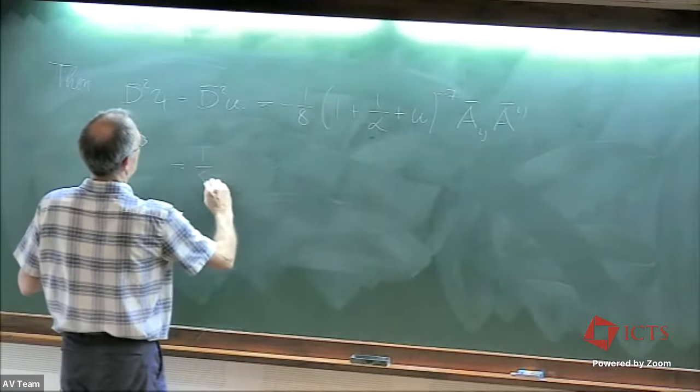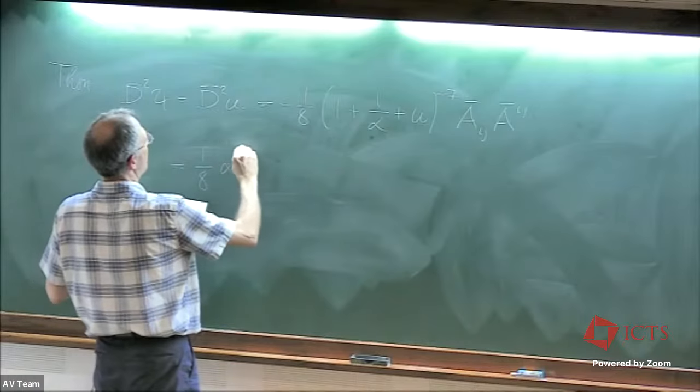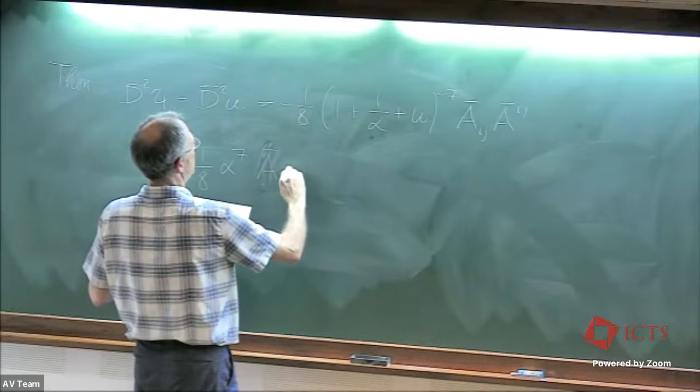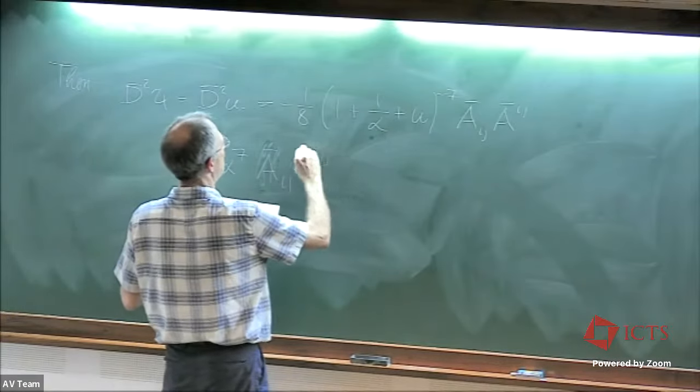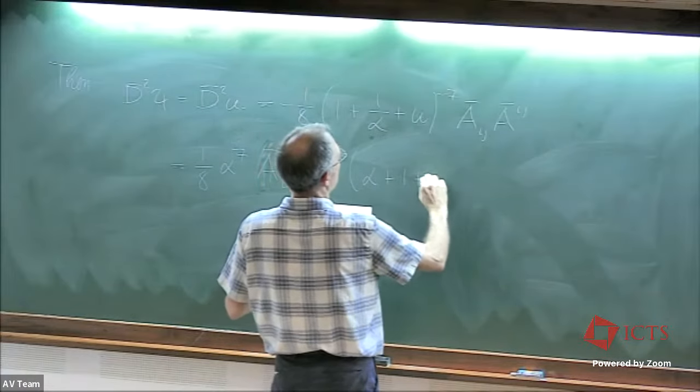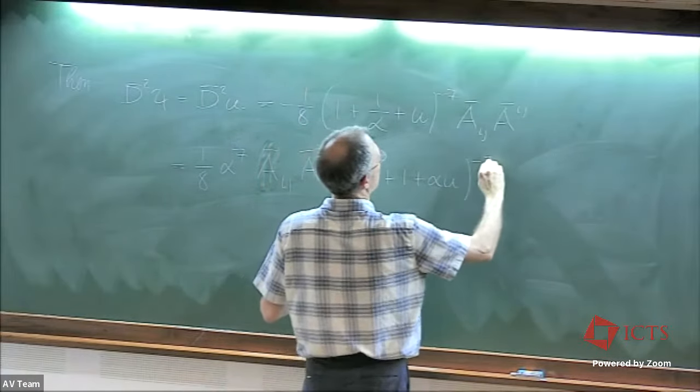Then I get 1 over 8 alpha to the 7 times Aij squared times alpha plus 1 plus alpha u to the minus 7. Okay.